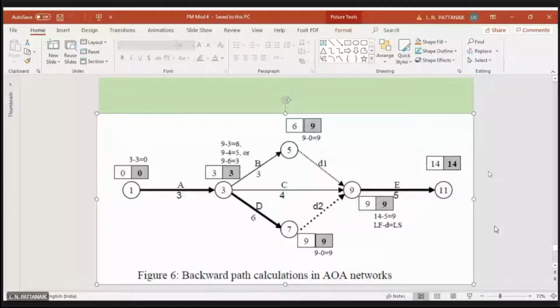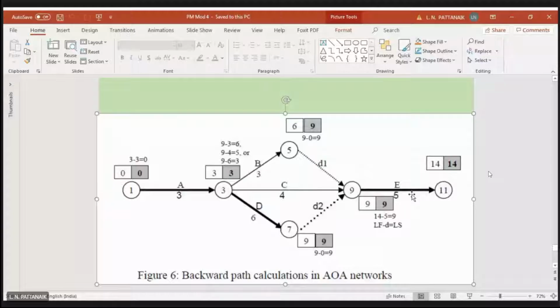Out of all these 3 paths, if you add the durations of the activities in each path, you will see that only A D D2 and E has a total duration that matches the time you wrote in your end node, isn't it? Just check. See, you add the times along these bold paths, right? 3 plus 6 is 9, 9 plus 5 is 14, because D2 is 0. So 14 matches. Compare the rest. For A B D1 E, 3 plus 3 is 6, 6 plus 5 is 11, which is less than 14.